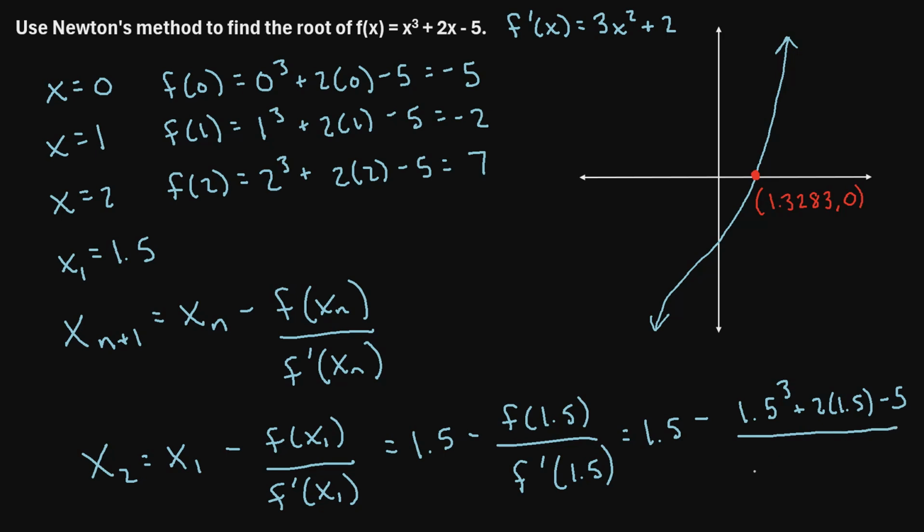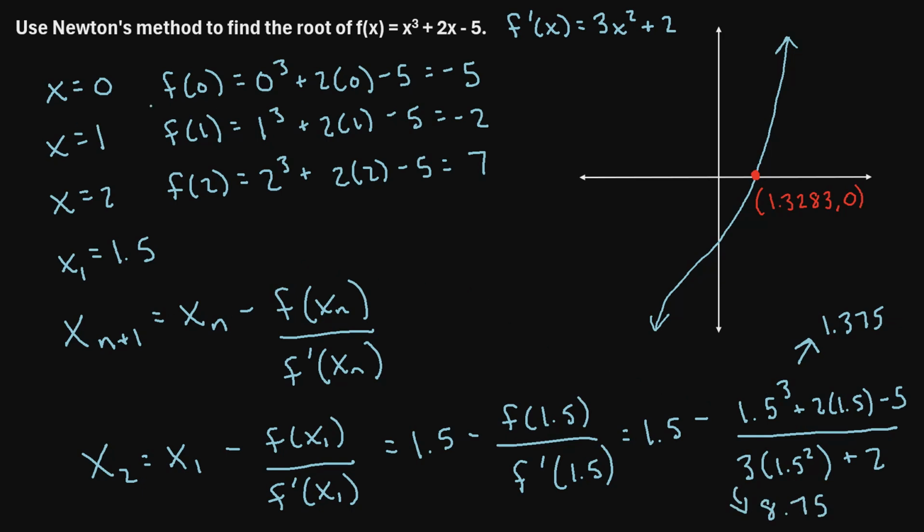Then we divide that by f prime of 1.5. We found f prime to be this equation, so that would be 3 times 1.5 squared plus 2. This numerator value turns out to be 1.375, and this denominator value turns out to be 8.75.